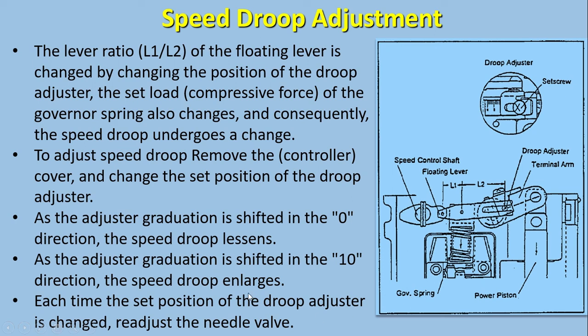Each time the set position of the droop adjuster is changed, the needle valve needs to be readjusted. So basically with this droop adjusting lever we are changing the ratio of this lever. For the correct parallel operation of the two generators, the droop adjustment of these two generators is very important.